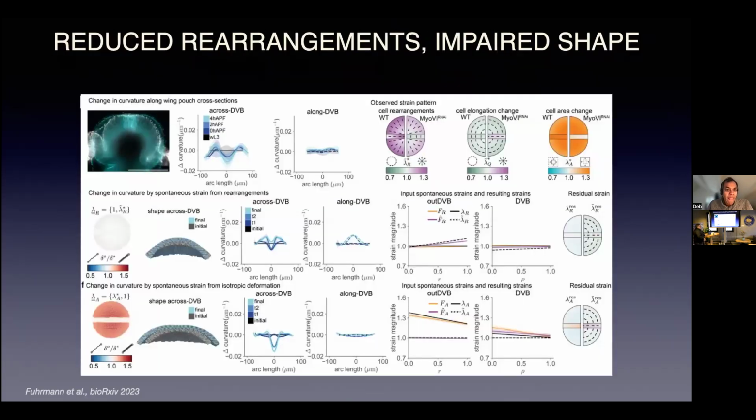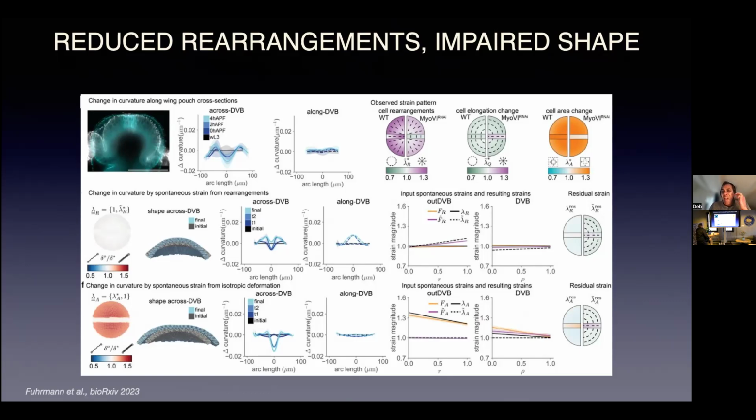Okay, and so we can play the same game, right? We can take the myosin 6 mutant, we can classify what happens to the shape, go to the actual data, we can look at the cell behaviors, right? And in the context of the mechanical network, see how much are the rearrangements in the topology, how much are the cells elongating or area changing.